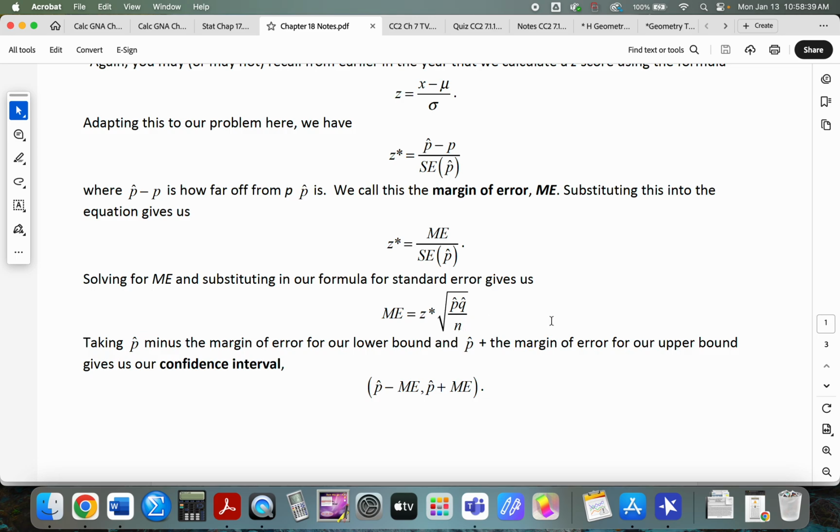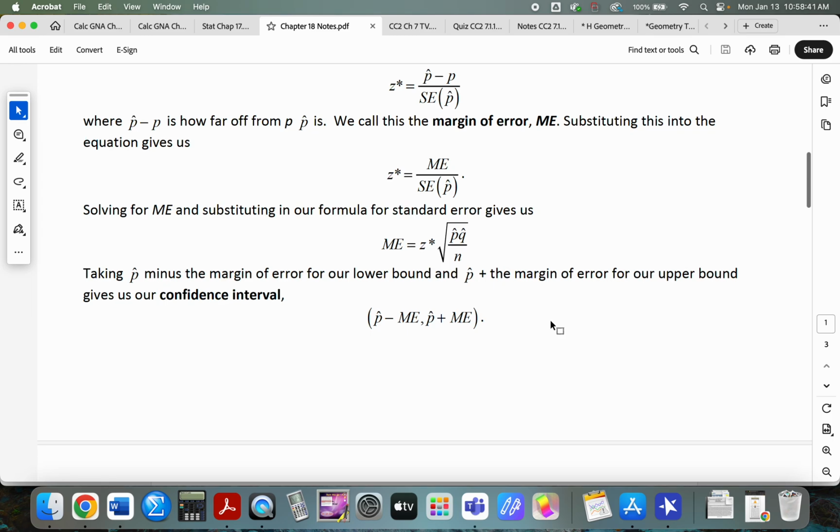They don't give you all of that in one place, but they talk about the standard error on the back. They tell you how to get that. Standard error is the square root of p hat q hat over n.